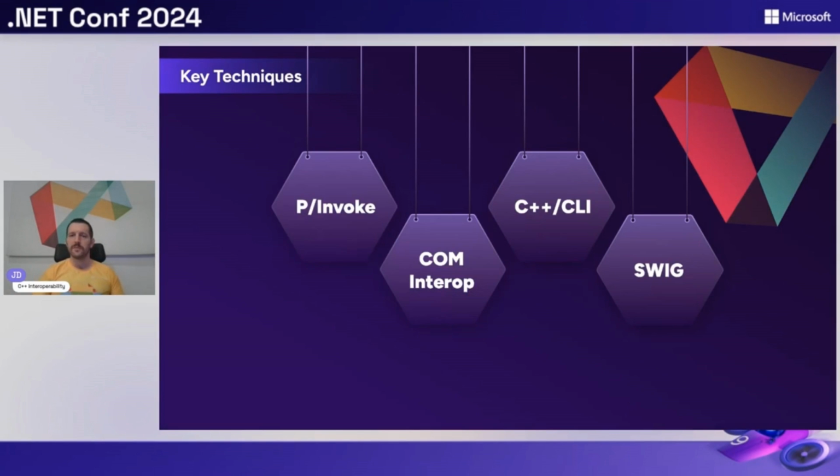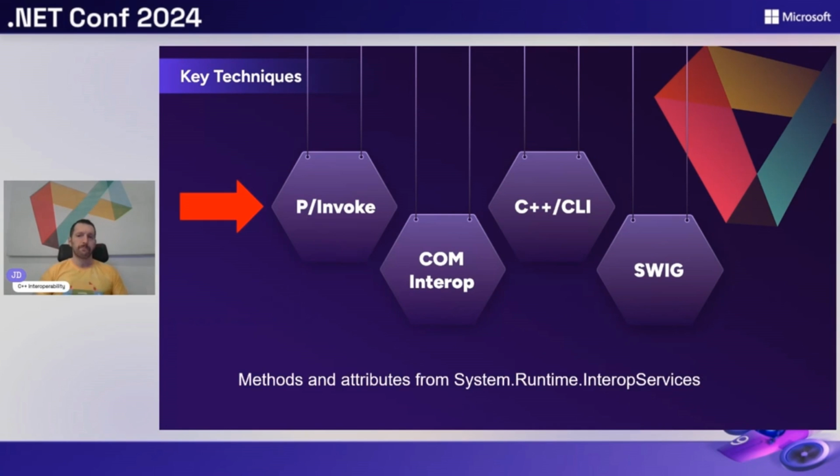Okay, so let's assume that we have our native C++ assembly compiled and ready to go. How can we approach interacting with our valuable native methods from within .NET? The approach we're going to use here is called P/Invoke, or platform invoke, which is the bread and butter of C# interoperability with C++.